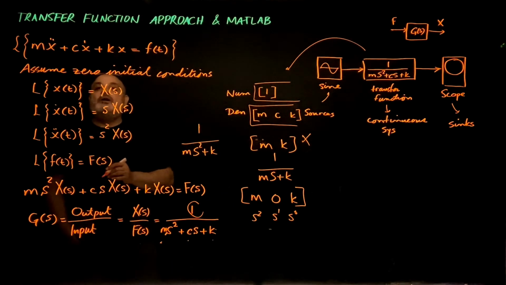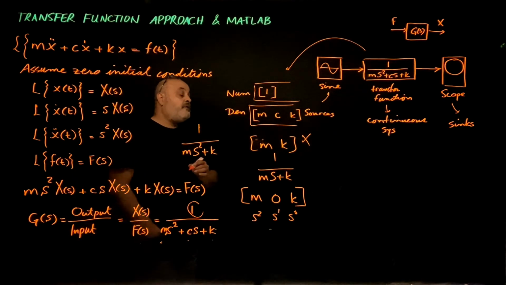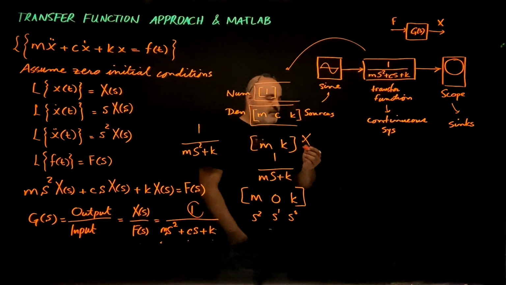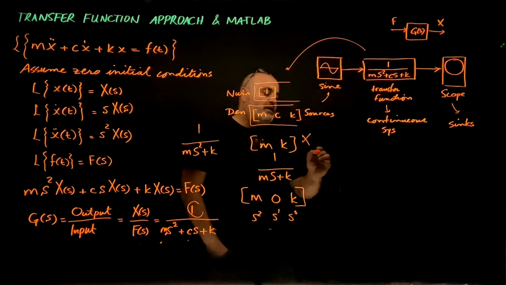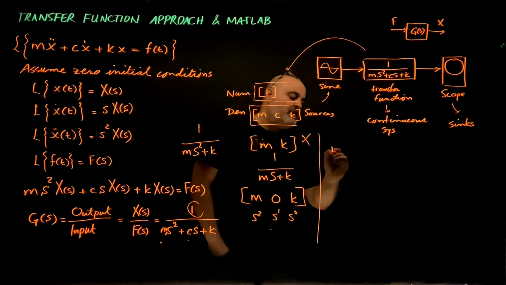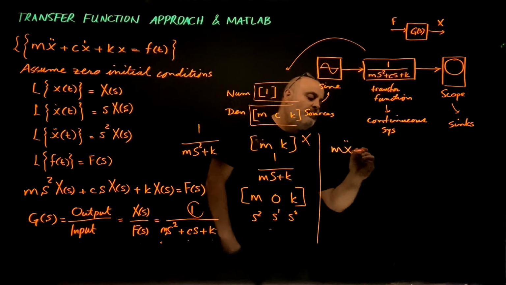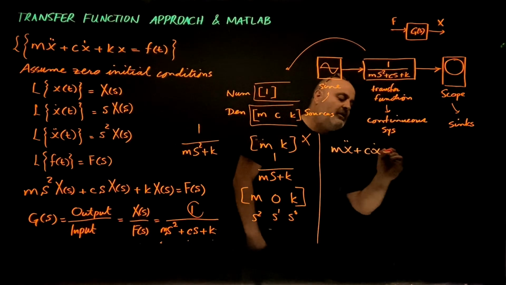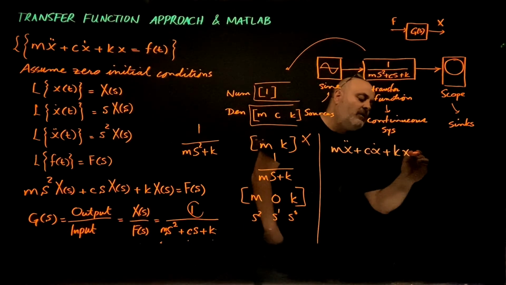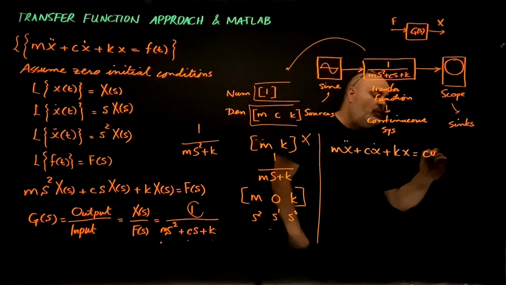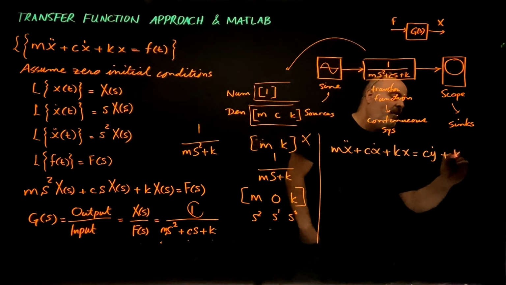Another helpful application of this transfer function is the case of base excitation. In the case of base excitation, the equation of motion was m x double dot plus c x dot plus k x equals c y dot plus k y.